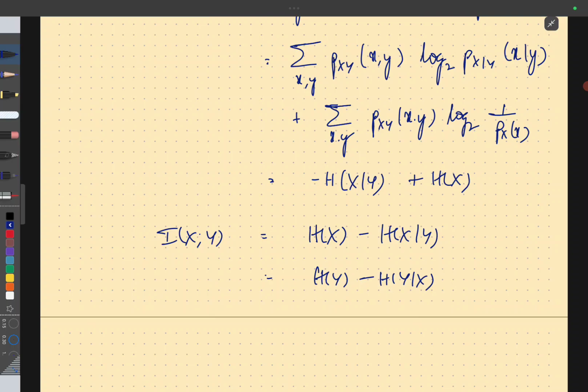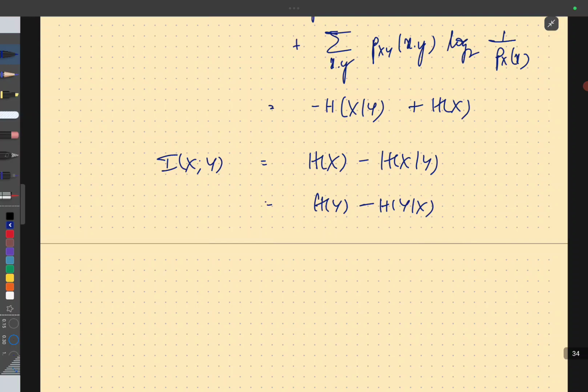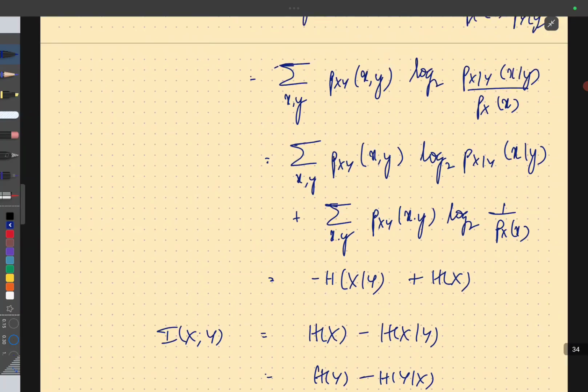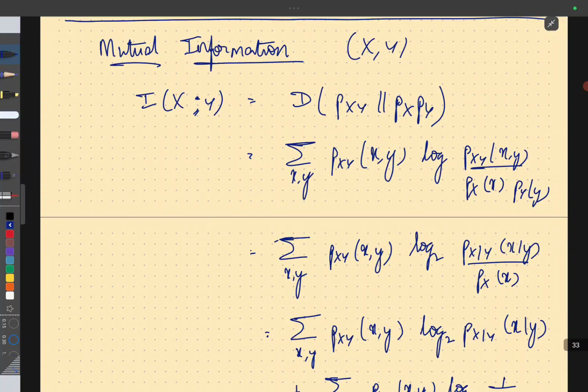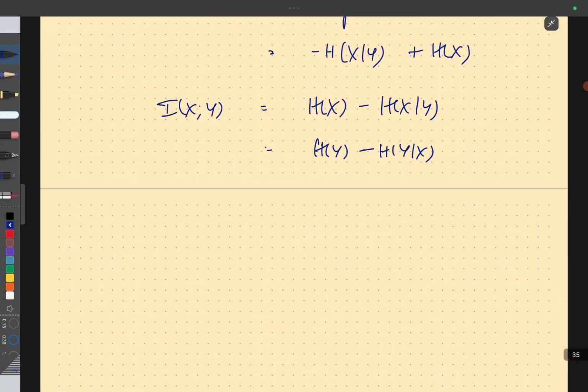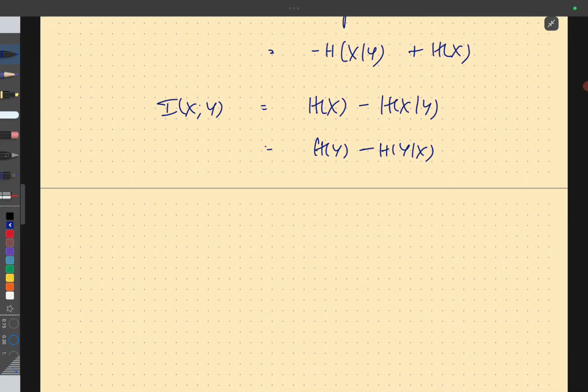So it's a symmetric function in x and y, loosely speaking, because it's not really a function of x and y. Now I know that the mutual information is basically a KL divergence, and KL divergences are greater than or equal to 0. So the mutual information is also greater than or equal to 0.